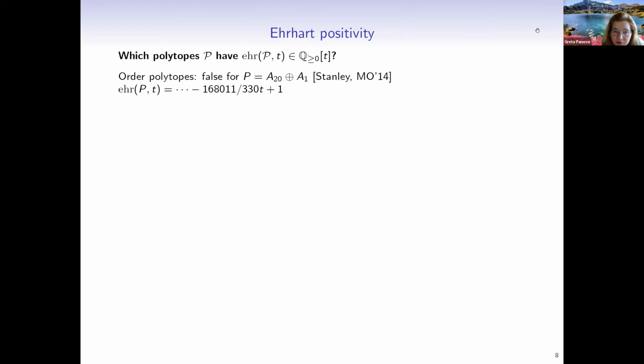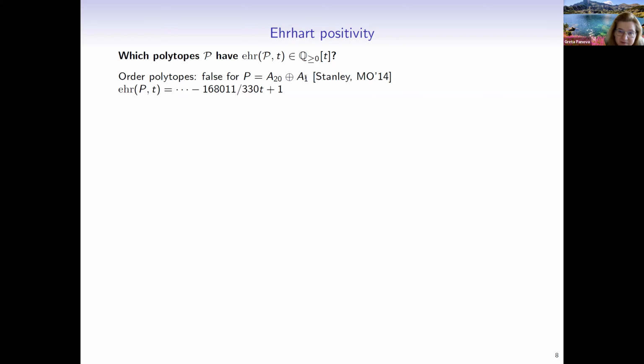It's already false for order polytopes, even though you have this shift of t plus 1, which makes the polynomial more positive in a way. There's still a counterexample: an antichain of 20 elements plus one element that is bigger than all of them. This is the Faulhaber function for 21 or 20.